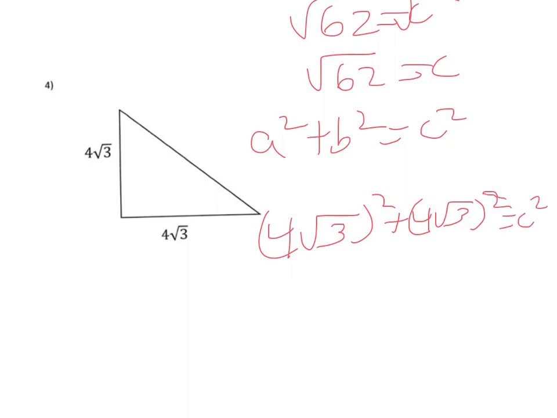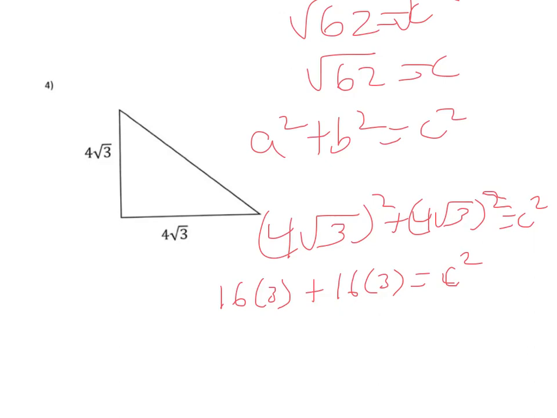Like I said before, when we square, we're just going to square each portion. So we have 4 squared, which is 16, times radical 3 squared, which is just 3. Same thing, 16 times 3. And that all equals c squared.